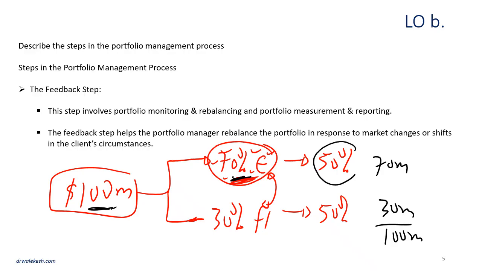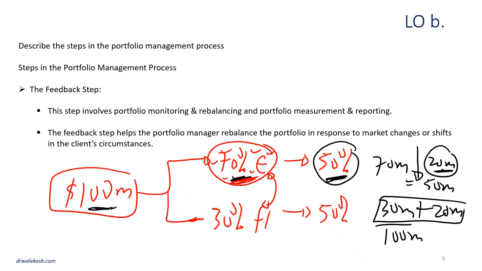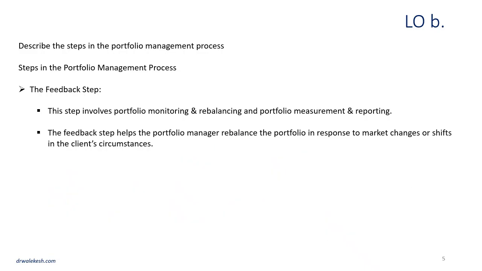But now that the risk has changed and we need to shed off some of the equity, that means we have to sell 20 million of equity to reduce this to 50 million, and the 20 million will now be added to fixed income to make this 50 million. By so doing, we would say we have rebalanced our portfolio. So we could rebalance portfolios based on market changes or even shift in client circumstances.